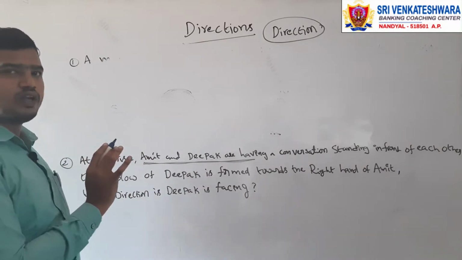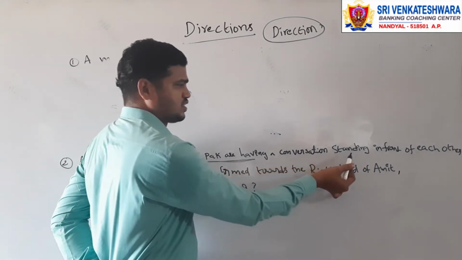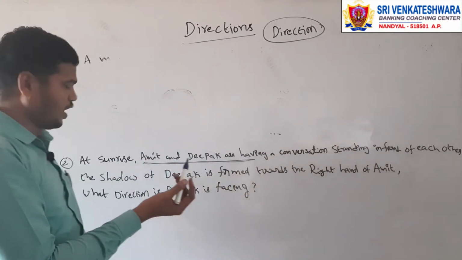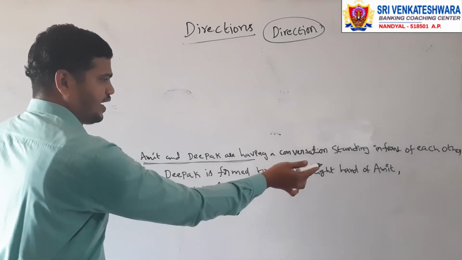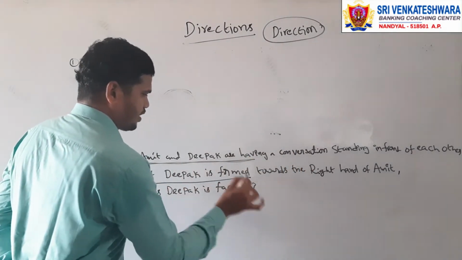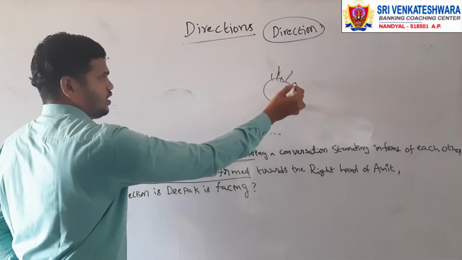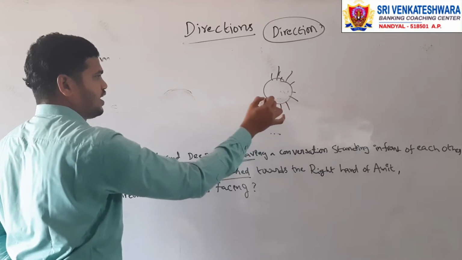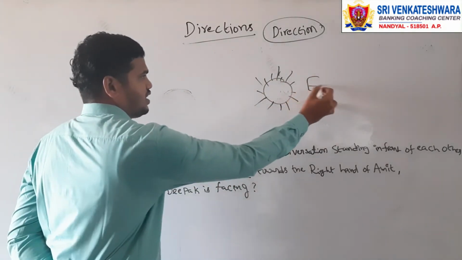The shadow of Deepak is formed towards the right hand of Amit. This is the important thing. The shadow of Deepak at sunrise: in which direction do we have the sunrise? In the east direction.